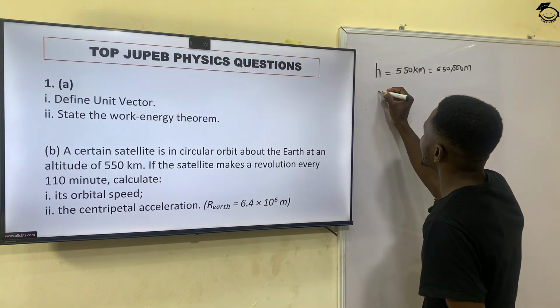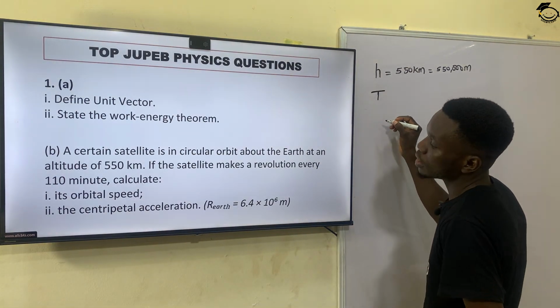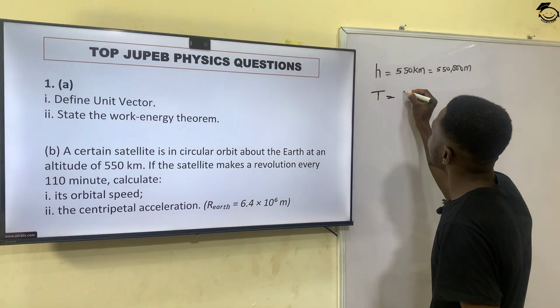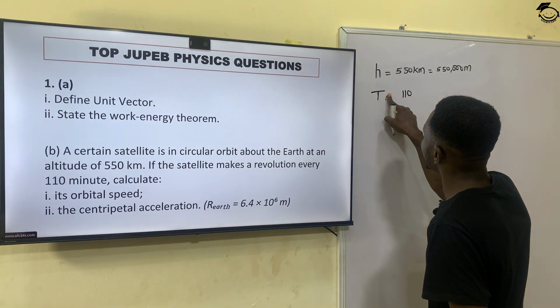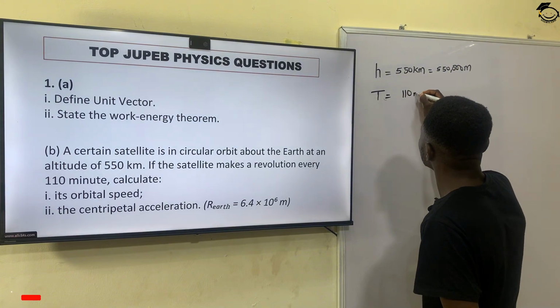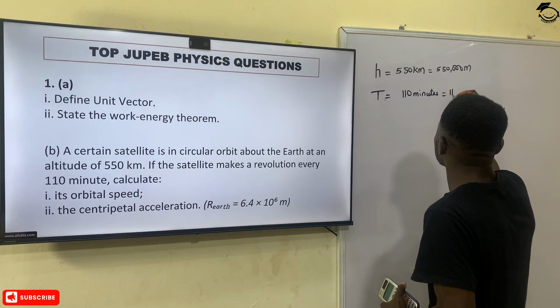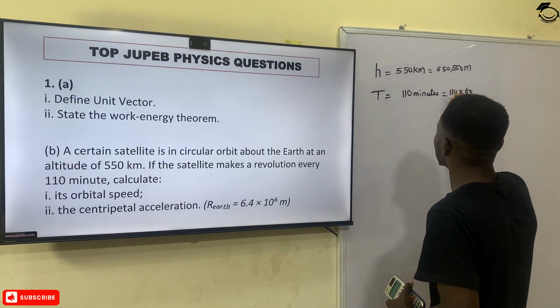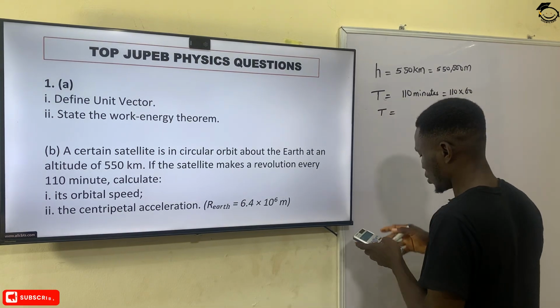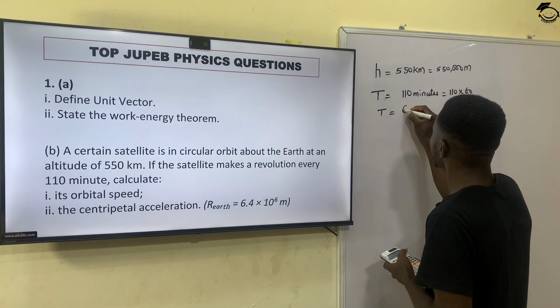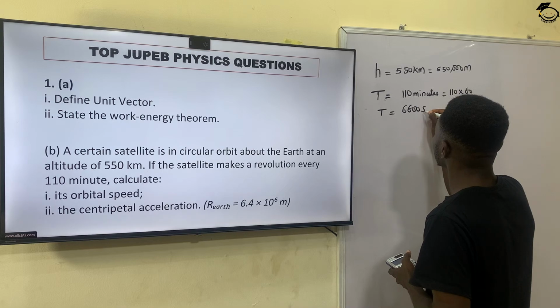The time it takes a satellite to make a revolution is what we call the period. So our period here is 110 minutes. Converting that to seconds, 110 times 60 gives me 6,600 seconds.